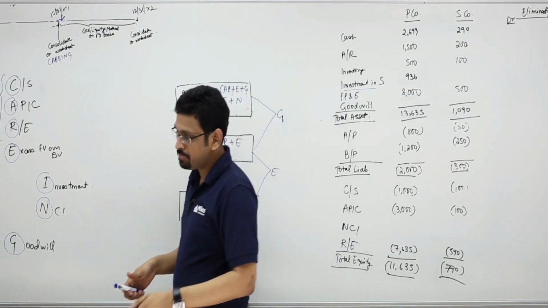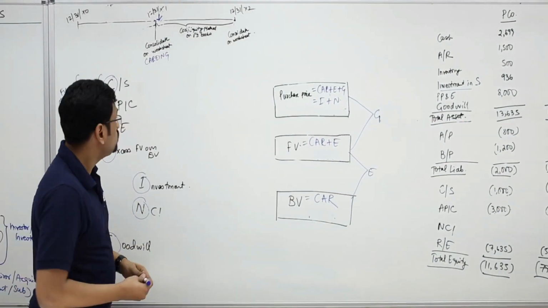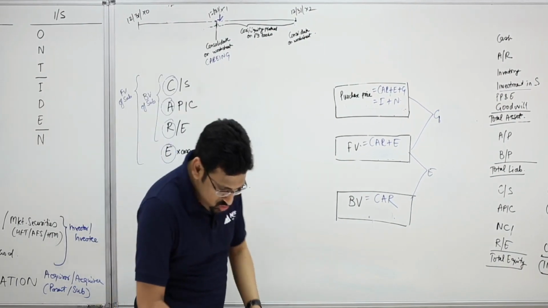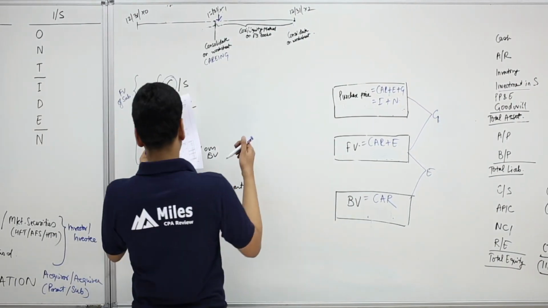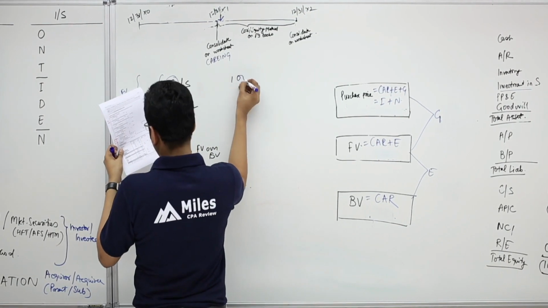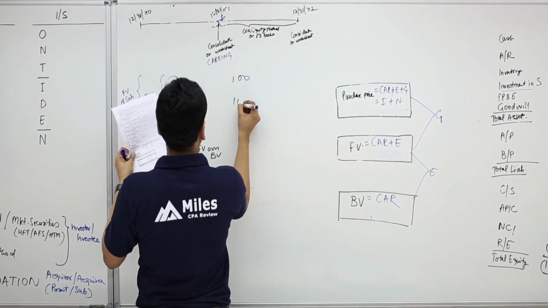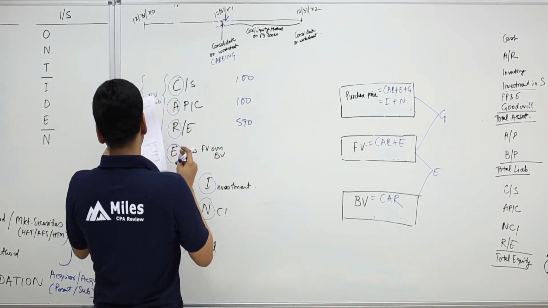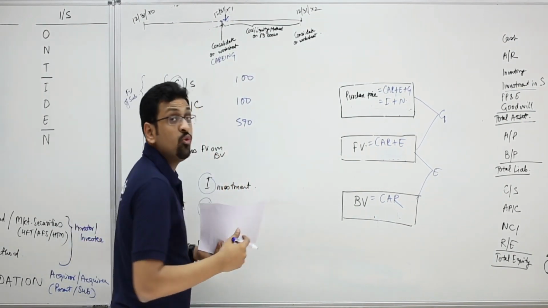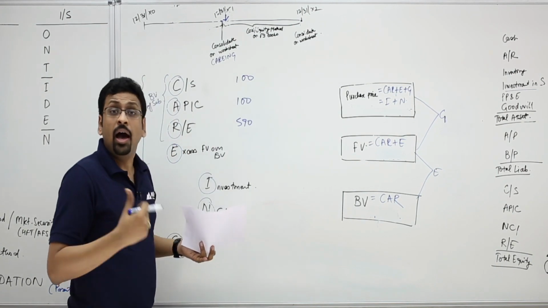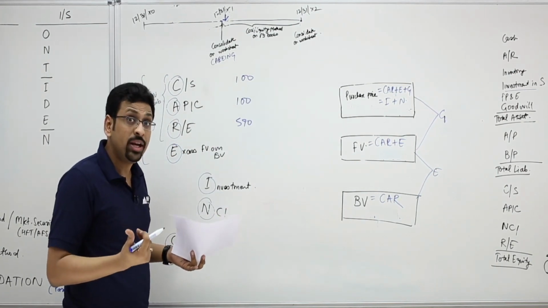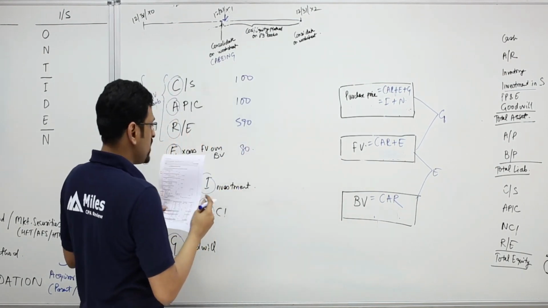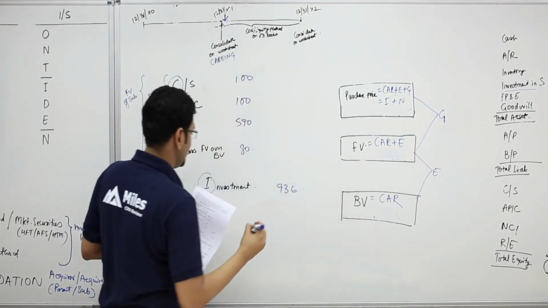So you got the subsidiary's equity: common stock is $100, APIC is 100, retained earnings is 590. Now excess fair value over book value, $100 less $20 of depreciation gives you $80. The investment number, that's 936.